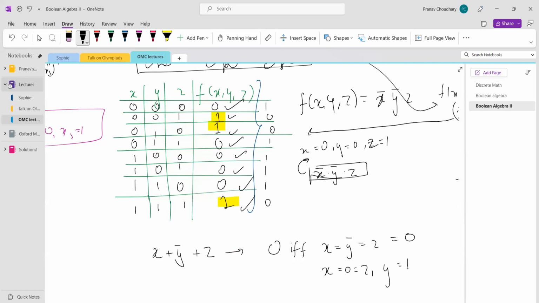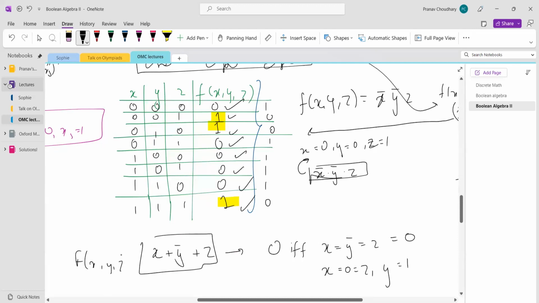So using this, we can pinpoint a point which has the value 0, and apart from that, everything will have 1. If I call this f of x, y, z, then this function is 0 at this particular point, and it's 1 everywhere else.